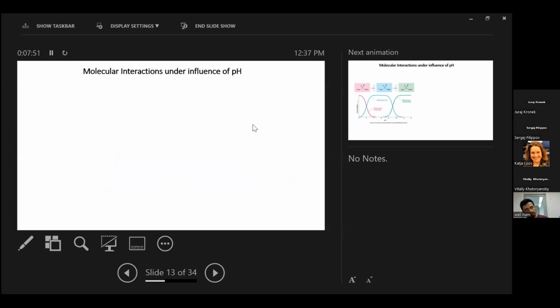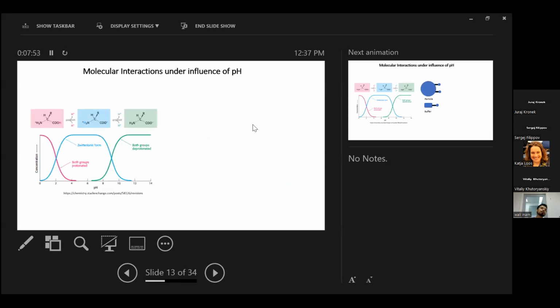Now, pH is important when we're talking about zeta potential as well, because pH tends to influence the state of ionization of a molecule or a functional group.